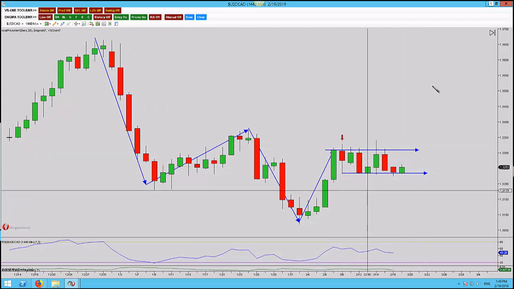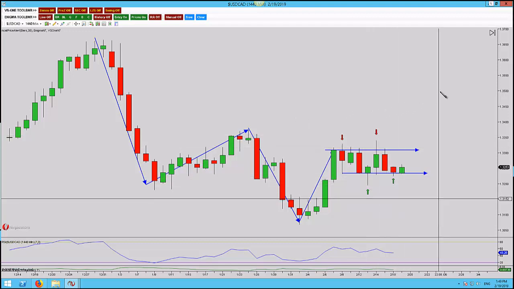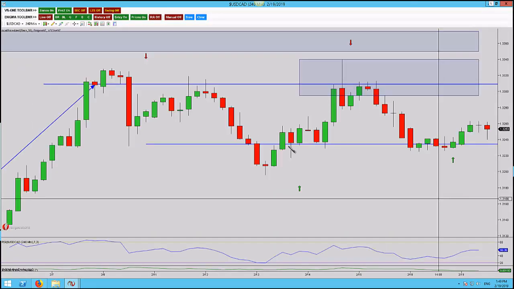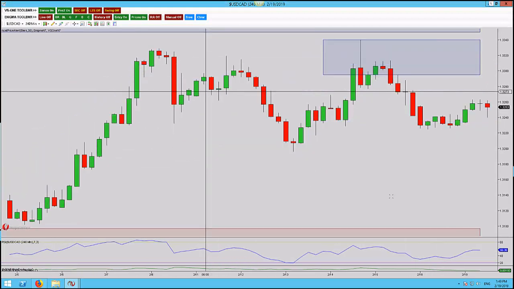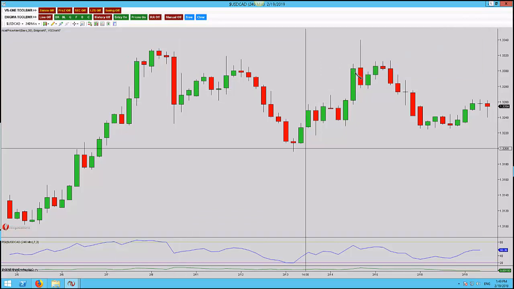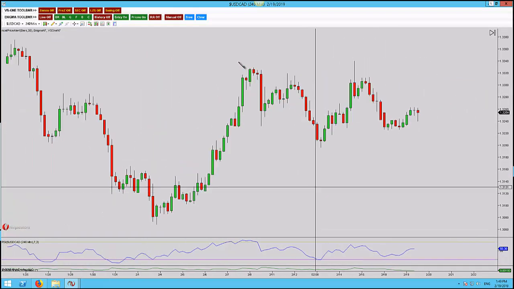So this is valid here on the daily time frame, but I can't trade this pattern on the dailies, it's just too big. So what I do is I drop down to the 240 and I take a look at it, and if I just delete everything off, we do not have a high and tight flag here. The 240 doesn't look anything like a high and tight flag, but here's one thing to bear in mind.